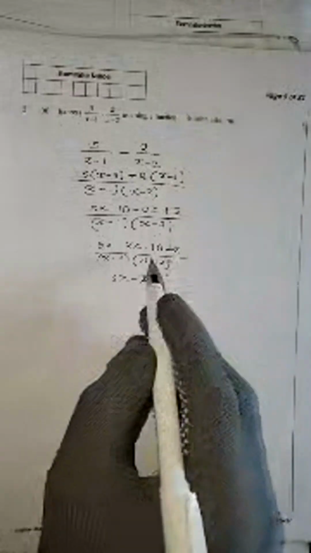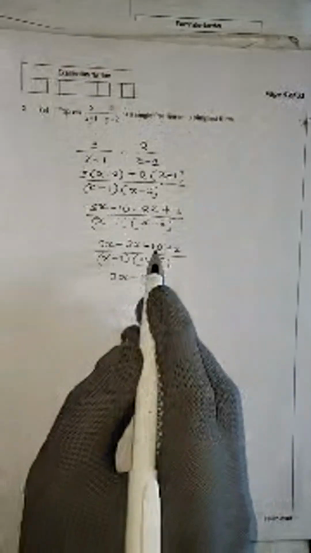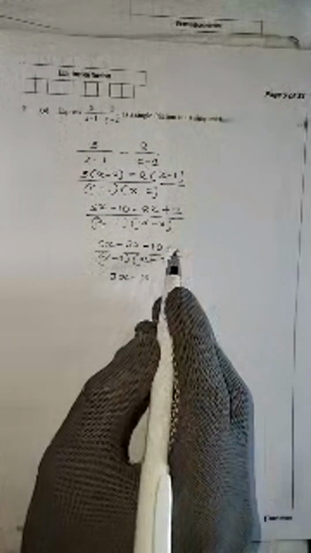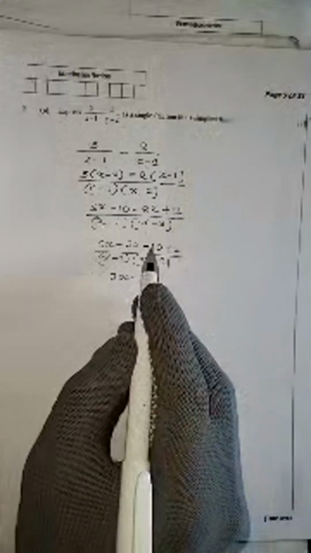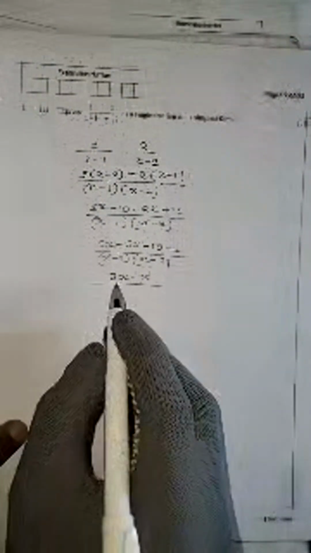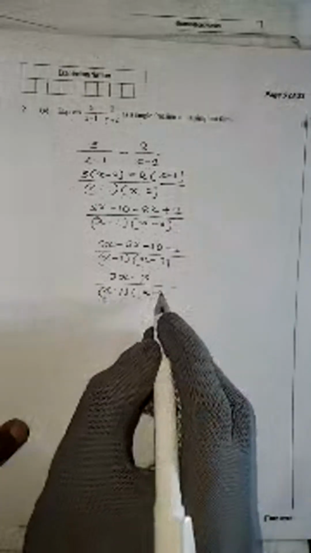8. Why? Because we have two numbers with different signs, so we subtract and get the sign from the bigger number. So 10 minus 2 is 8, then the sign from the bigger number, which is 10, is negative. So we have 3x minus 8 over x minus 1, x minus 2.